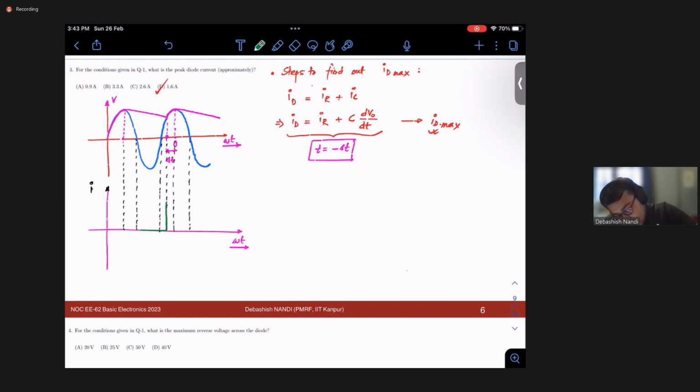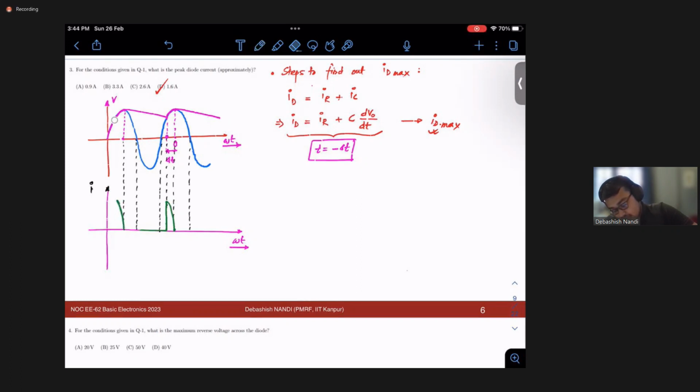At this instant ID will be maximum, and again at this instant this will be 0, right? Similarly, again from this instance this will be 0.